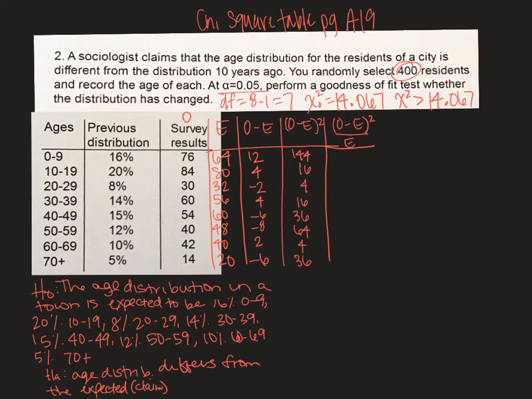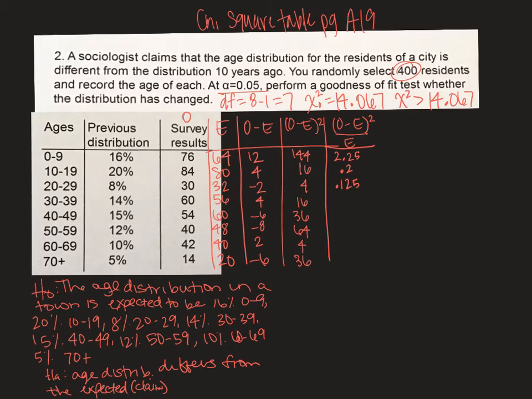And then we have to take each of those values and divide it by what it was expected to be. So 144 divided by 64 is going to be 2.25. 16 divided by 80 is 0.2. 4 divided by 32 is 0.125. 16 divided by 56.